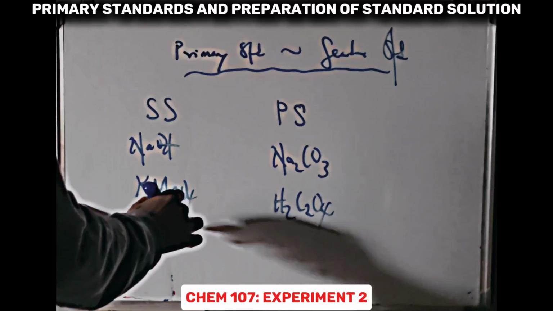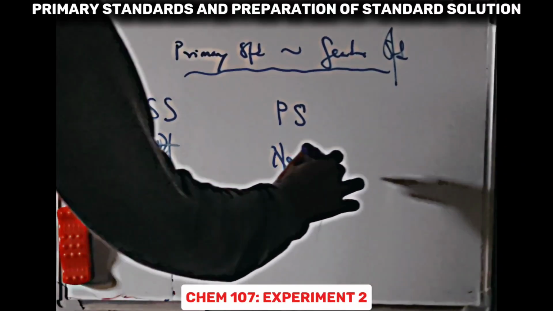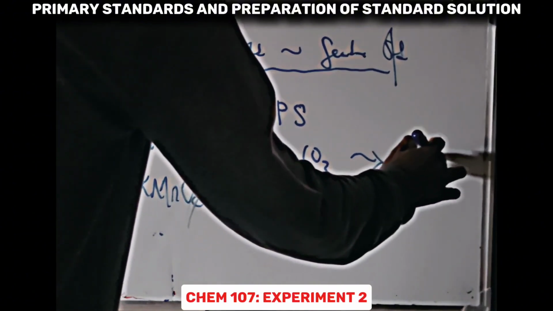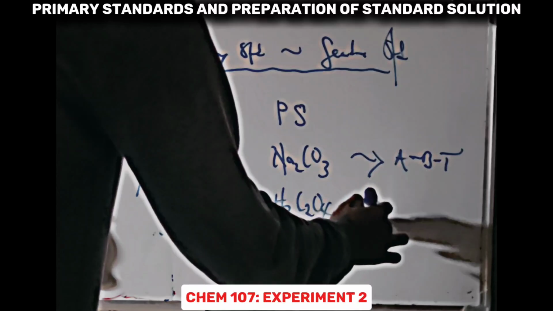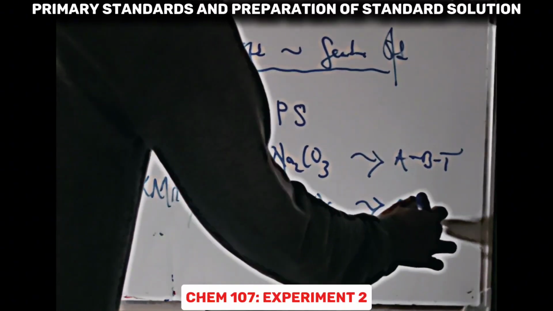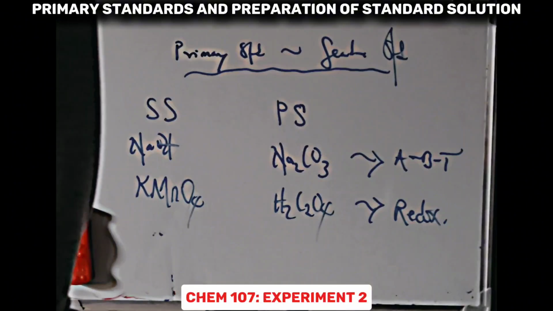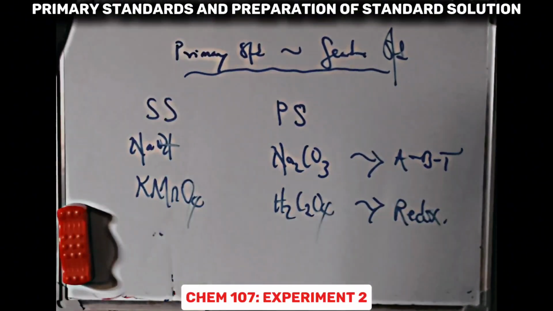Now, if you look closely, let me write this clearly. This is employed in acid-base titrations, while these ones are employed in redox titrations, which you will be carrying out in the fourth practical. You'll be carrying out redox titration, which is oxidation-reduction reaction.